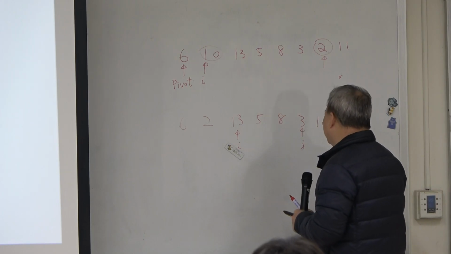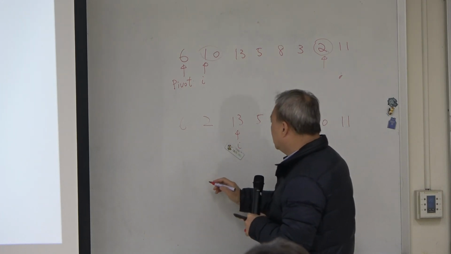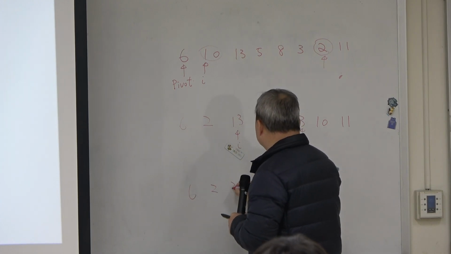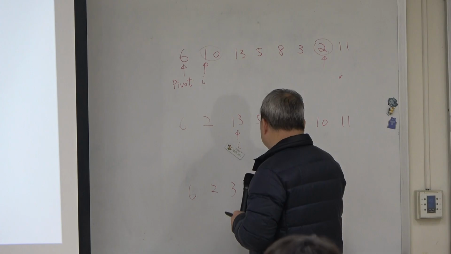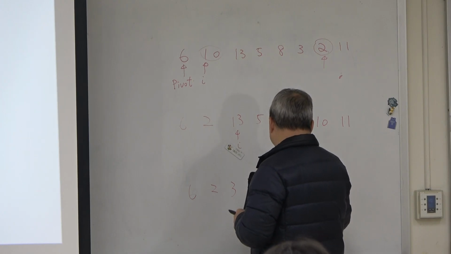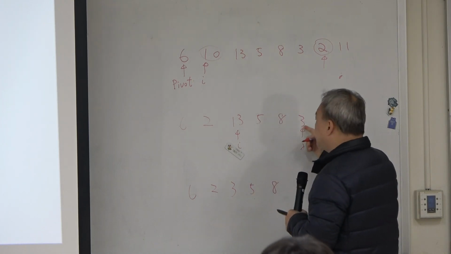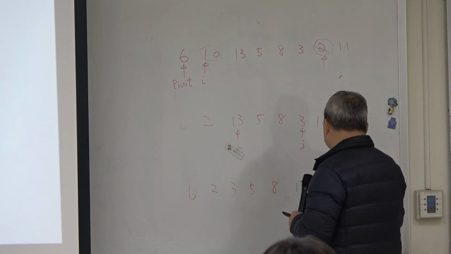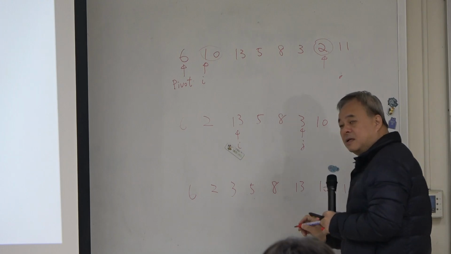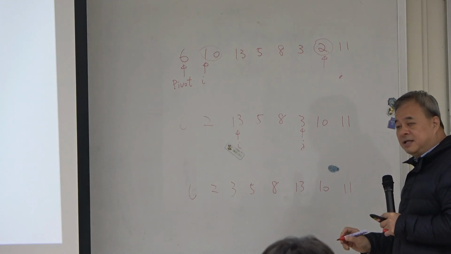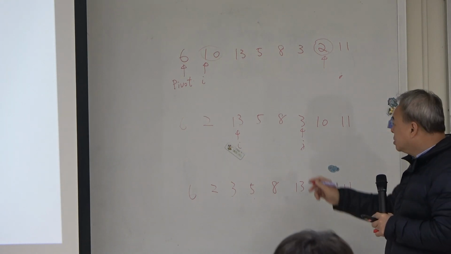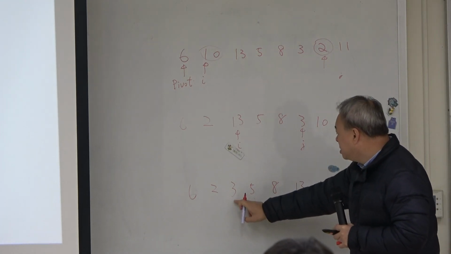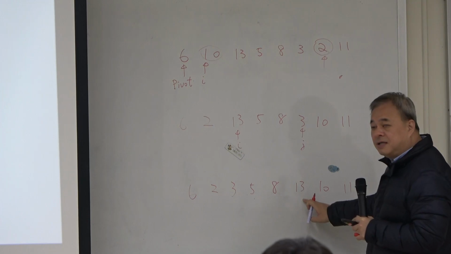So after the swap, 6, 2. So it becomes 3. And 5, 8. And this 3 becomes 13, 10, 11, right? We do a swap between 13 and the 3. So 3 moves to here, 13 moves to here, right?